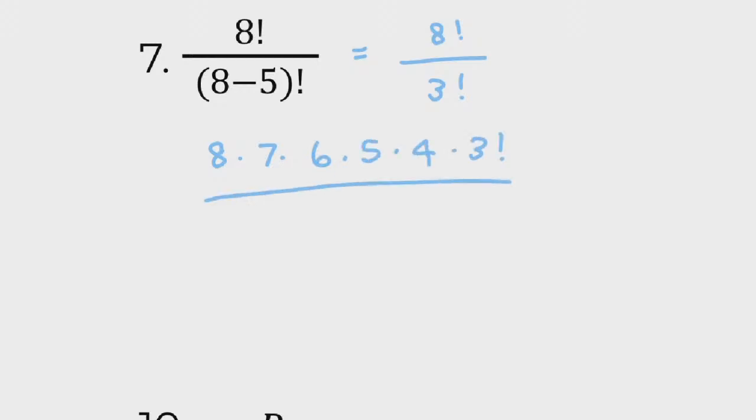And we can stop there because it'll cancel out with the 3 factorial in the denominator. So we're multiplying 8 times 7 times 6 times 5 times 4, and that's going to be 6,720.